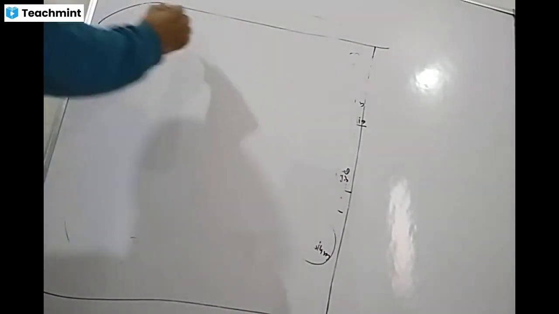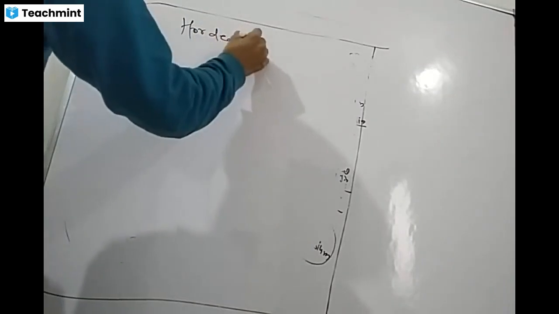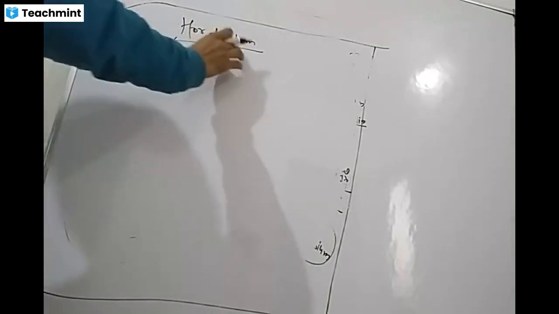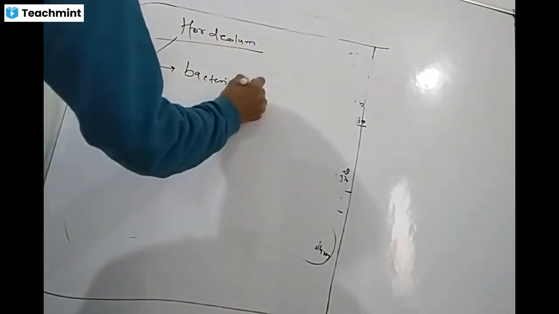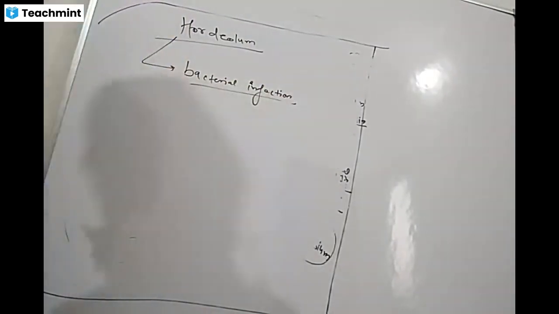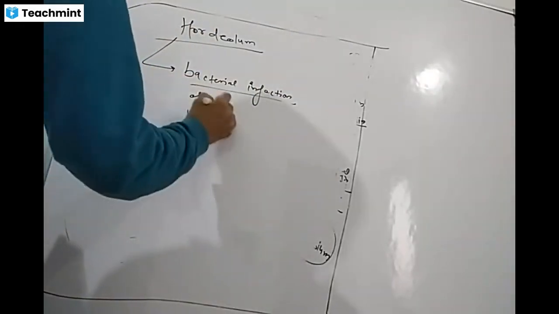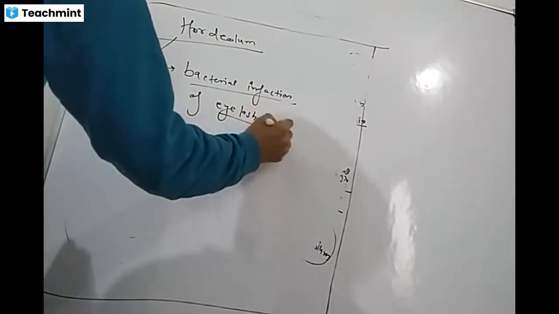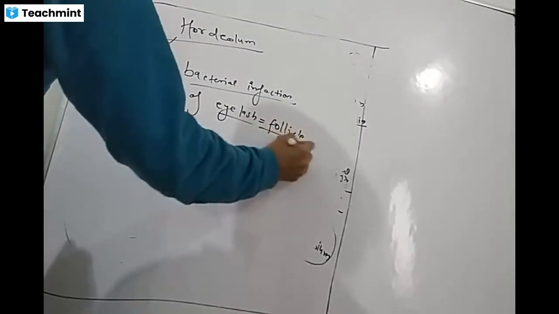So with these glands, I will explain the hordeolum concept. What is hordeolum? Hordeolum means bacterial infection. Bacterial infection of what? Of eyelash follicles. This is an important word, follicle.